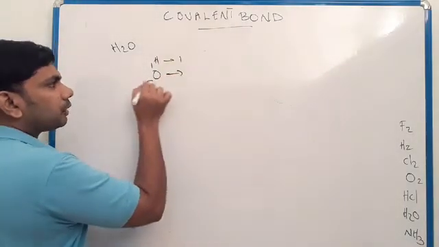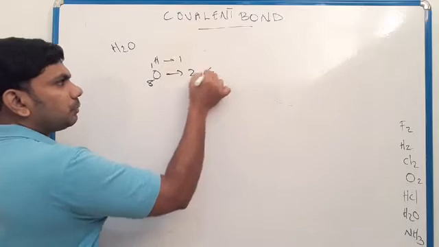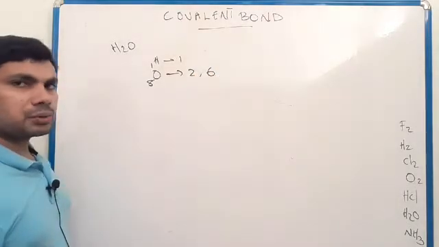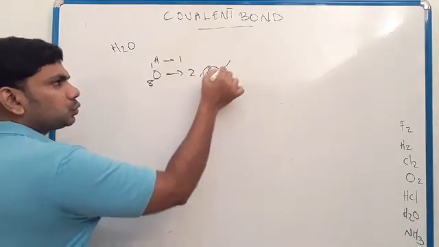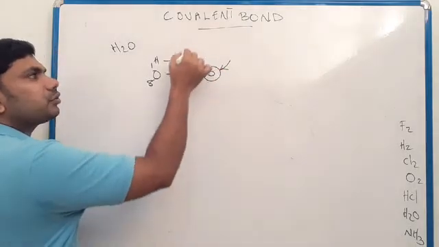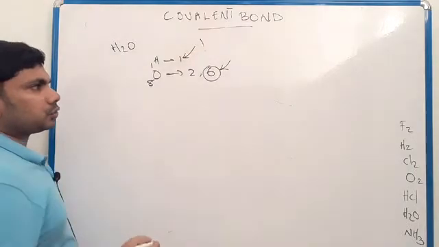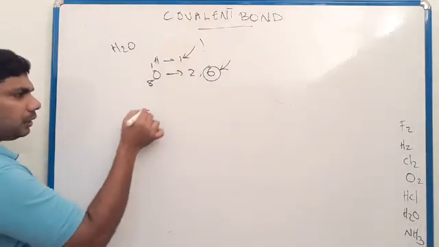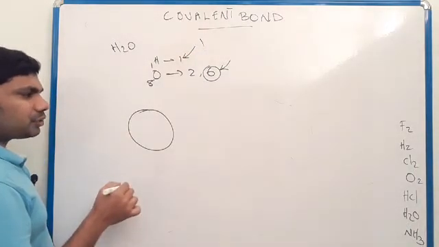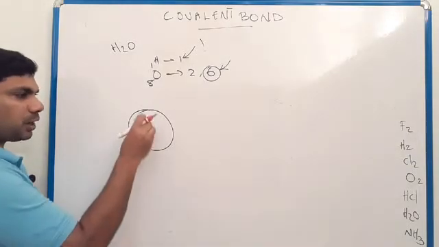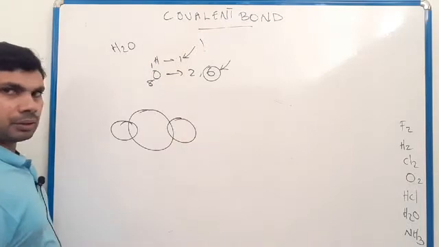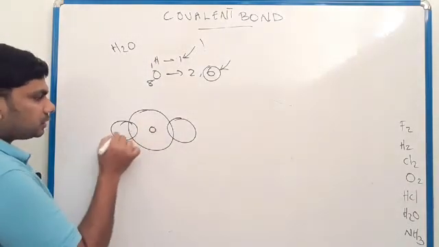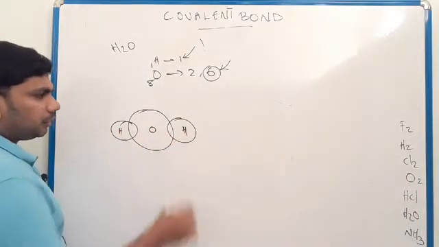Oxygen we did before, atomic number 8, 2,6. Outer shell 6 electrons. Here oxygen needs 2 more electrons, hydrogen needs 1 more electron. So H2O means 2 hydrogen and 1 oxygen.